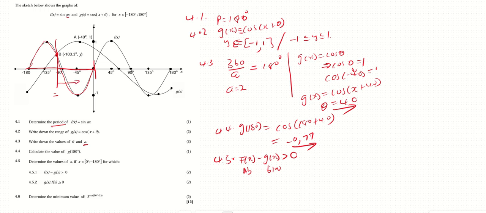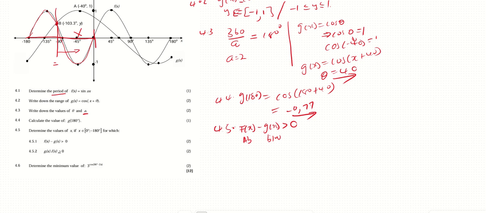Let's start from here to here. We can see that g is above f, so this portion is also included. We look from this part. We can see that from negative 90 to 180, g is above. So we'll say that -180 ≤ x < -90.